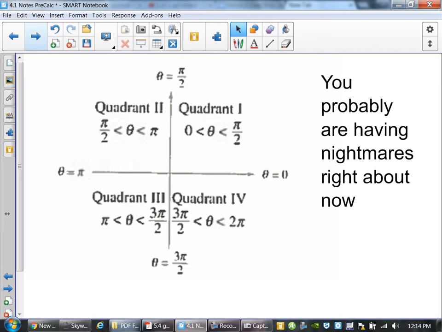You started at 0 degrees, 90 degrees, 180, 270, and finished up at 360. When you worked with your quadrants, the quadrants start in the top right, quadrant 1, and it goes around counterclockwise.